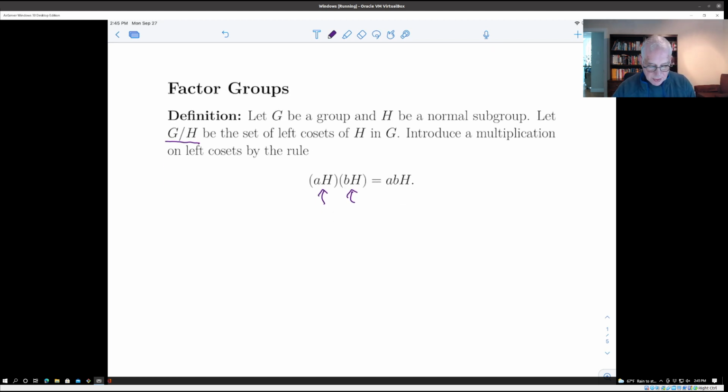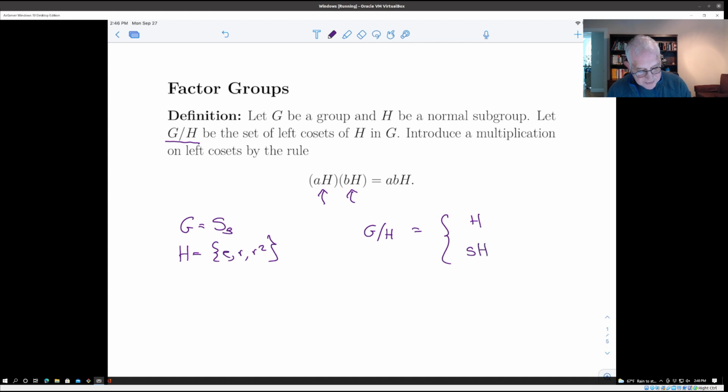And just to make this completely concrete, if our group G is S3 and our normal subgroup H is the group of rotations, then the cosets G mod H consist of the identity coset and the coset SH, the left cosets.